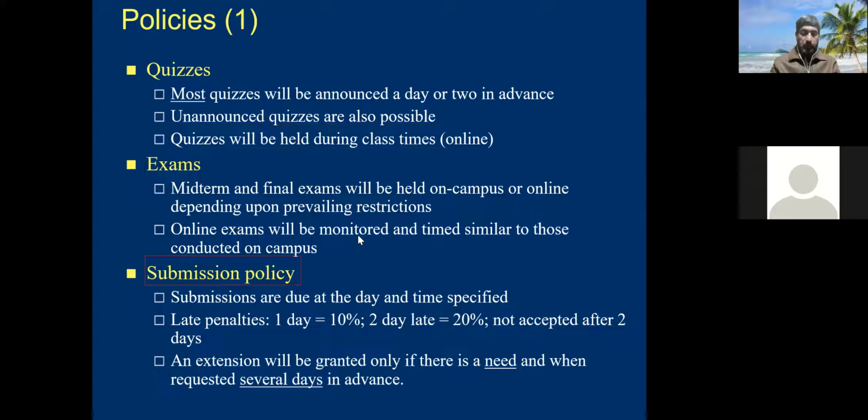So for the assignment, the submission policy that I follow in my courses is described here. You have 10% deduction for 1 day late, 20% deduction for 2 days late, and 100% reduction if you are late by more than 2 days. And of course, if you want to ask for an extension, you should plan yourself accordingly and ask for extension based on justifications, sufficient time in advance.